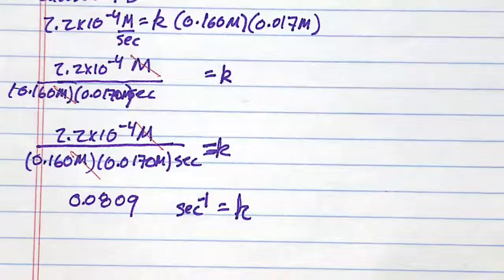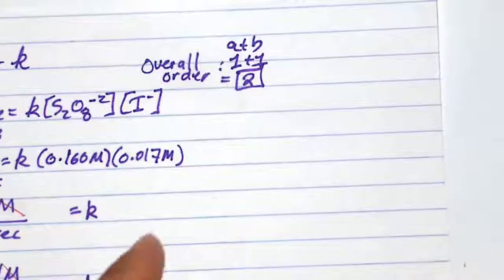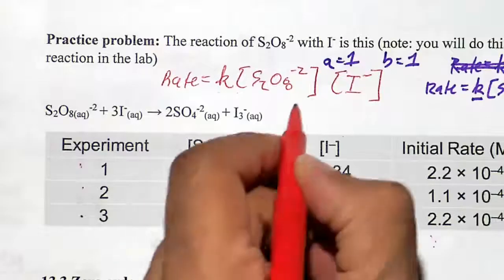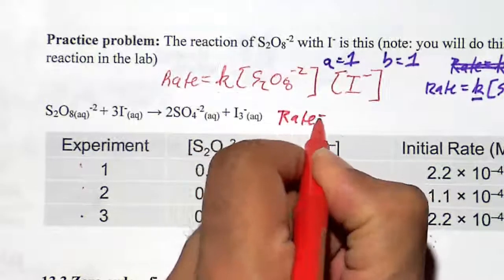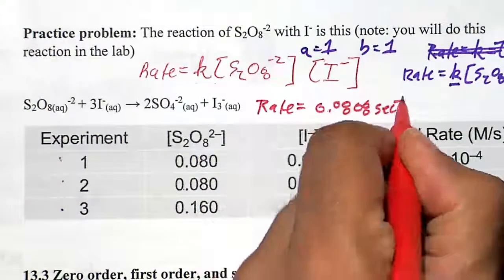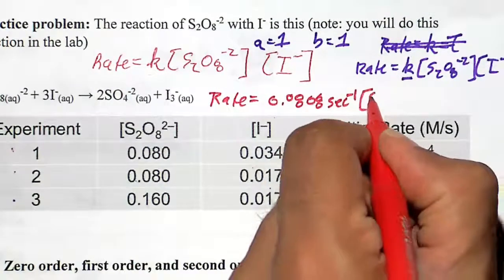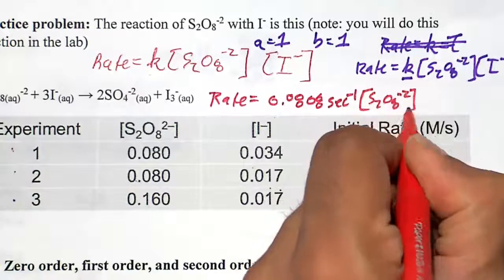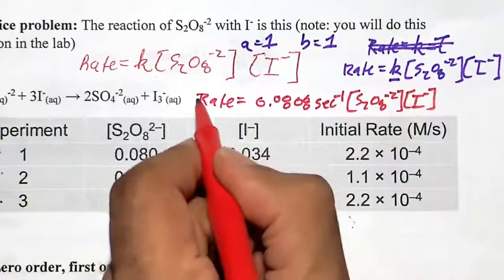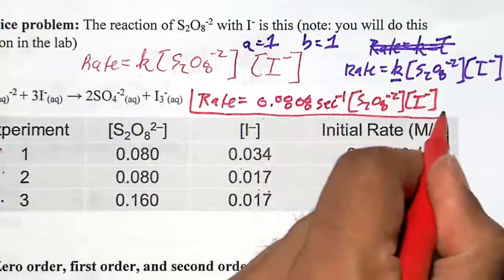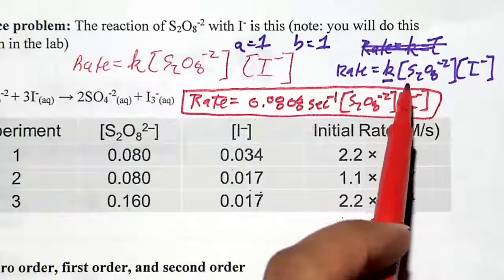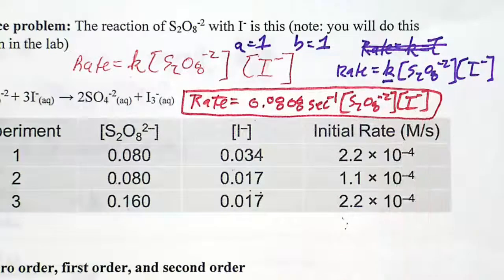The final answer in all of this, the rate for this reaction, is rate is equal to 0.0808 per second times the concentration of S2O8 2- raised to the first power times I- raised to the first power. This is your final answer: the rate constant times the reactant raised to its order times the second reactant raised to its order.